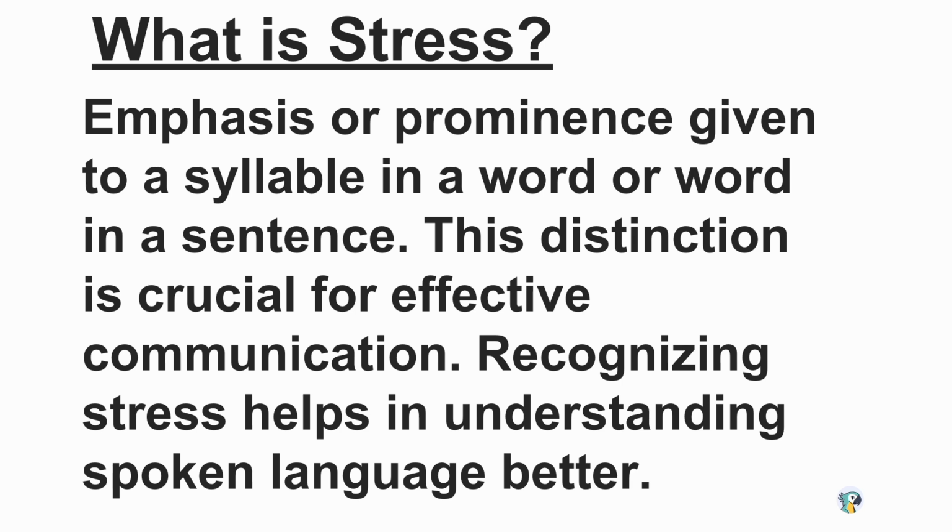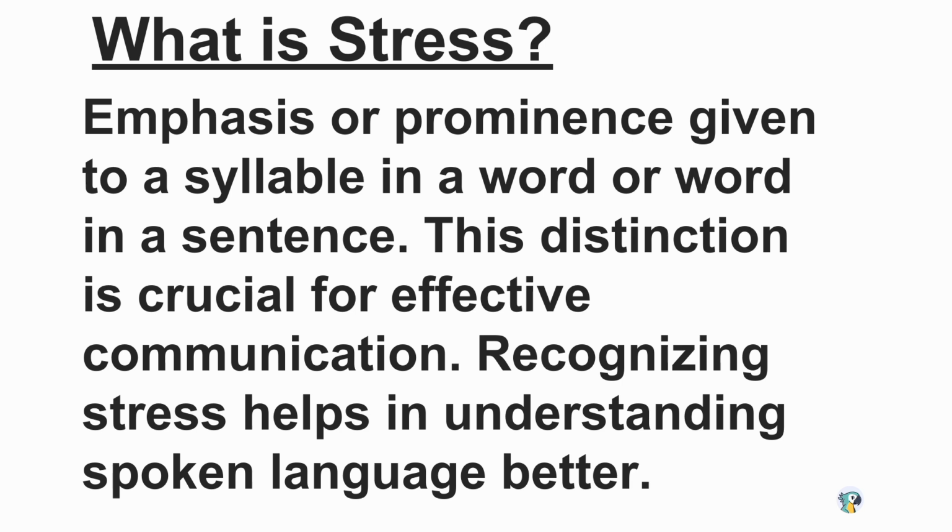So in the word record as a verb, the syllable cord carries the stress, while in the word record as a noun, re is the first syllable, cord is the second syllable, and you will notice that the syllable re is louder than the syllable cord.